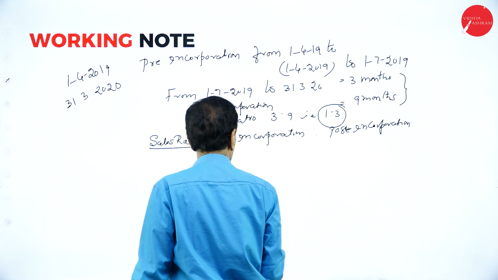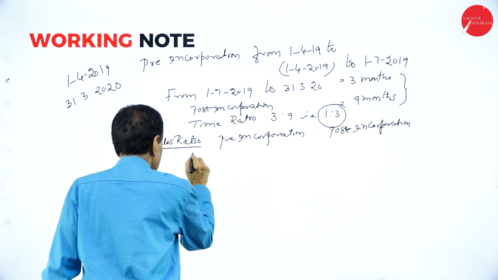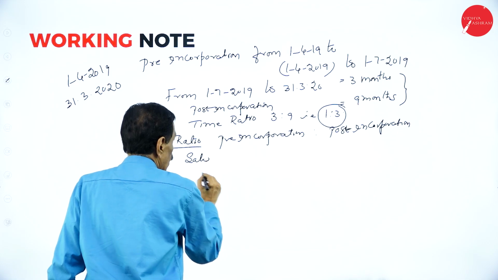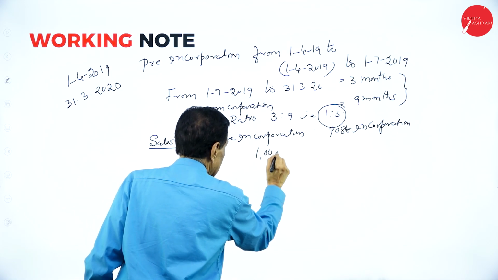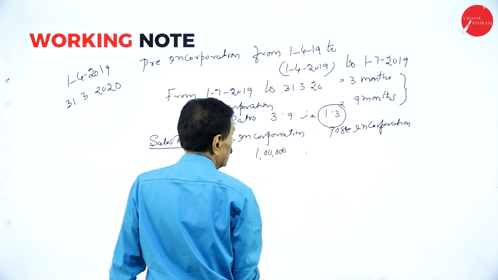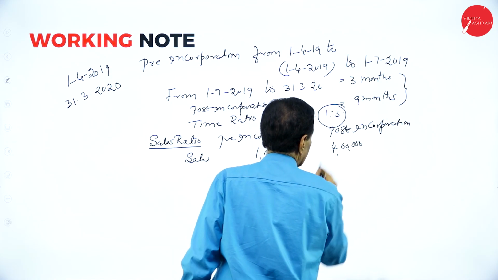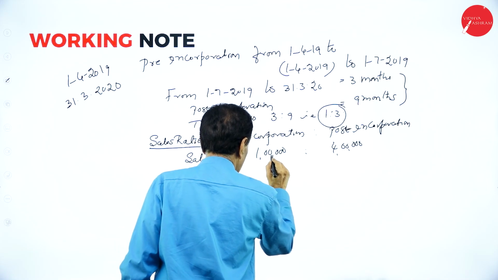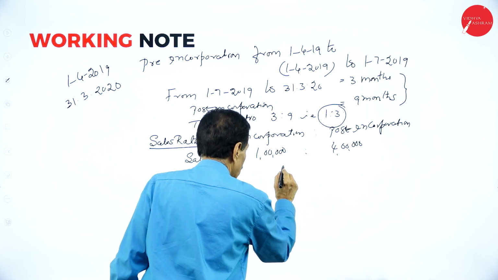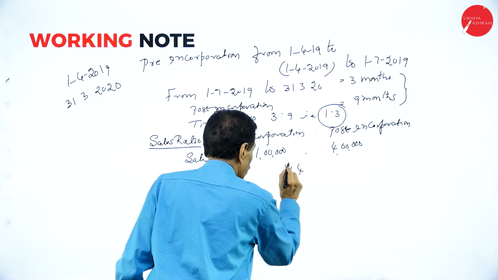Pre-incorporation sales are 1 lakh and post-incorporation sales are 4 lakh. Cancelling the zeros, they are in the ratio of 1:4.